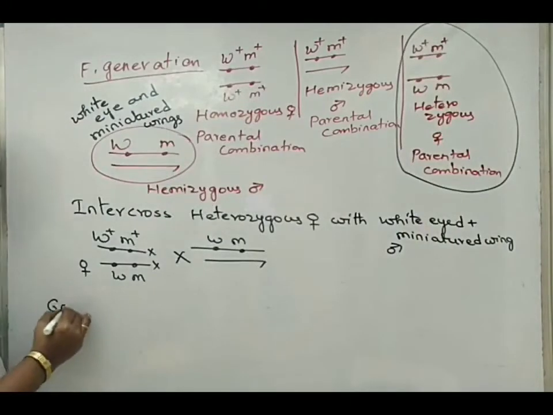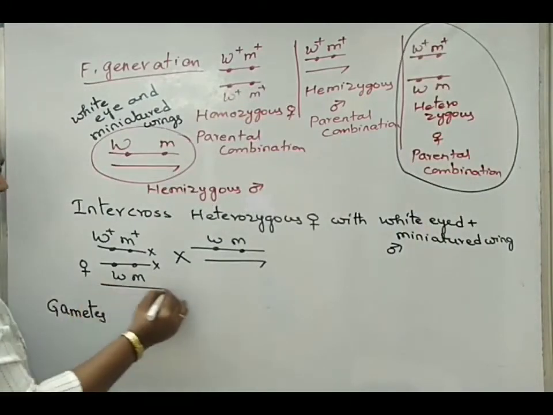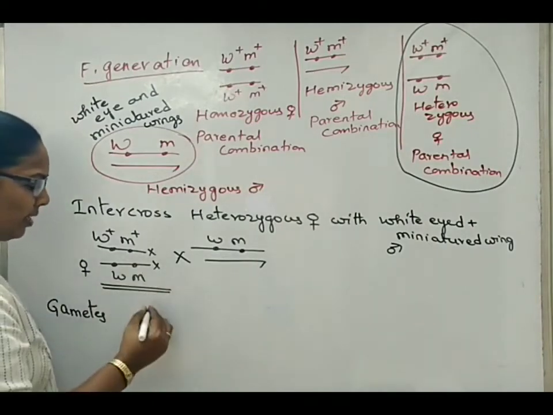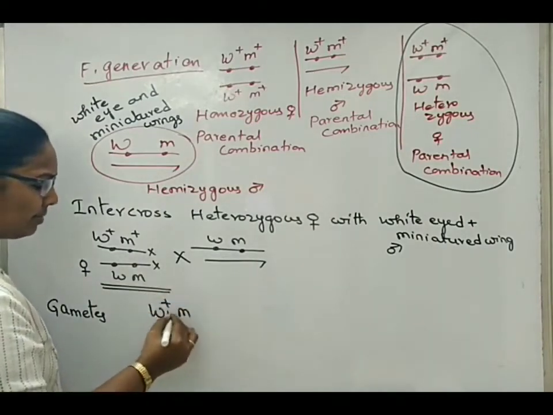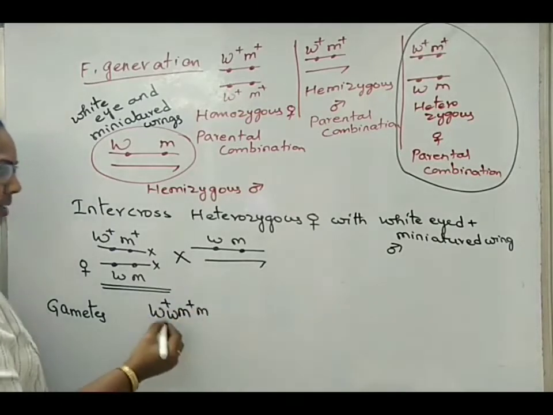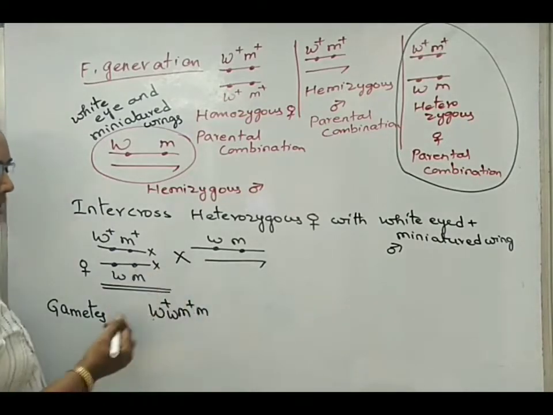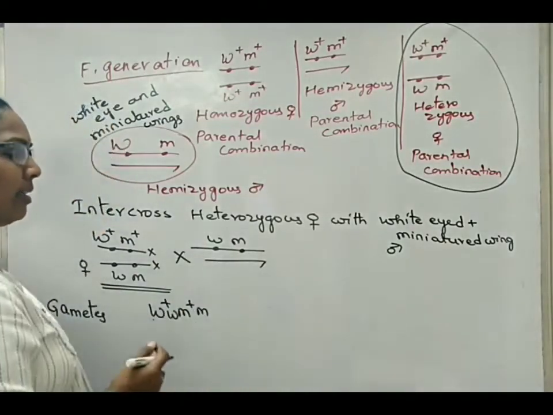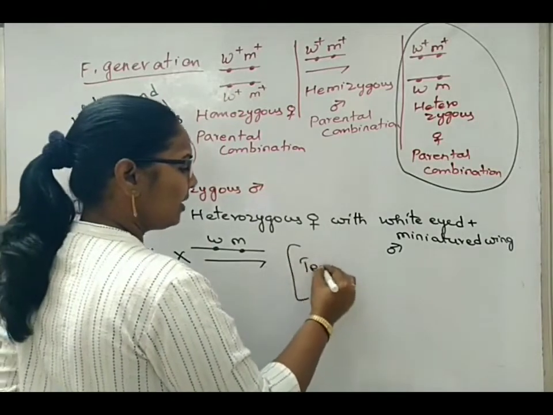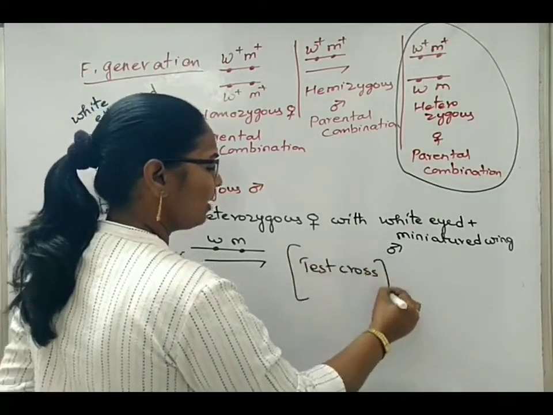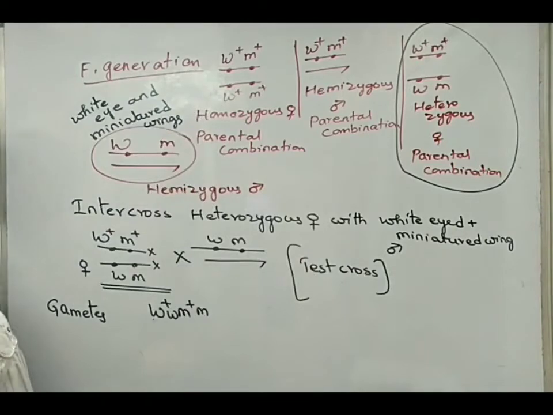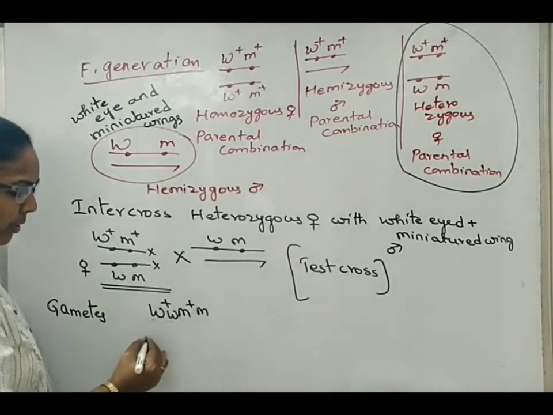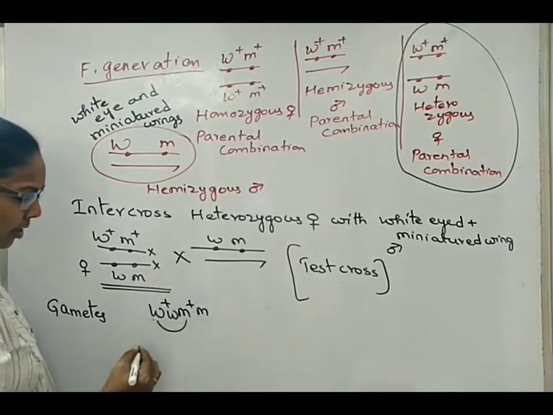So how are gametes going to be here? This female organism can also be written as, the allele distribution can also be written as, this is indicating the dominant alleles and this is recessive. When we are crossing any type of organism with purely recessive type of alleles, then we call such a cross a test cross. It means in the F2 generation, we are considering the F2 cross. So here the gametes can be expected as dominant allele with one dominant allele.